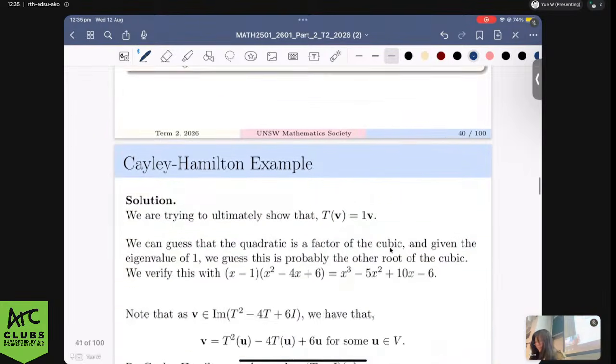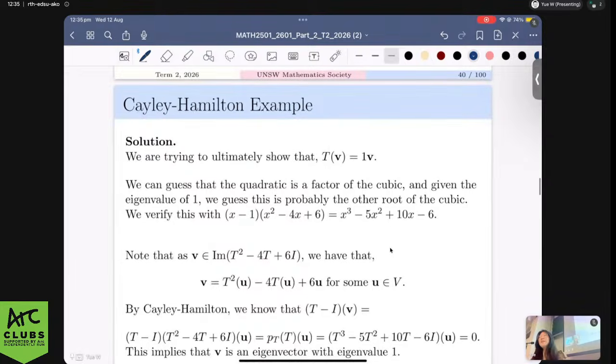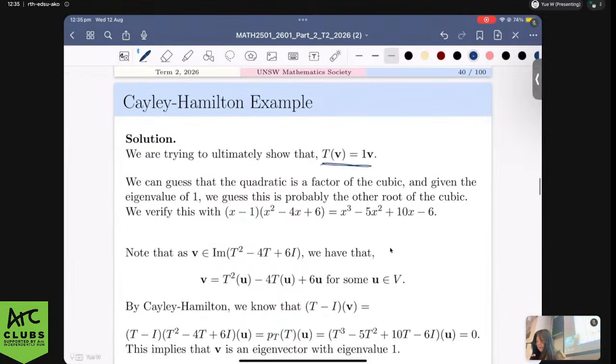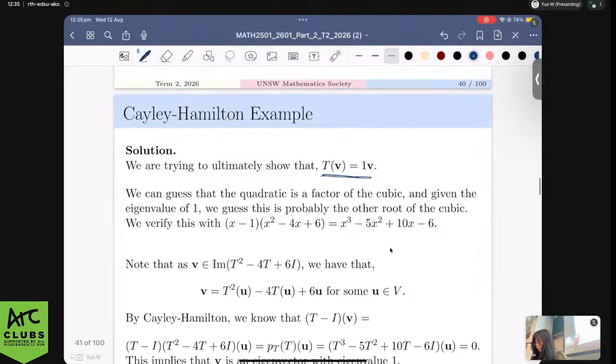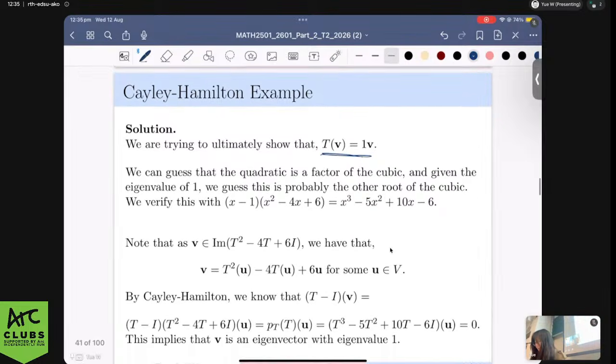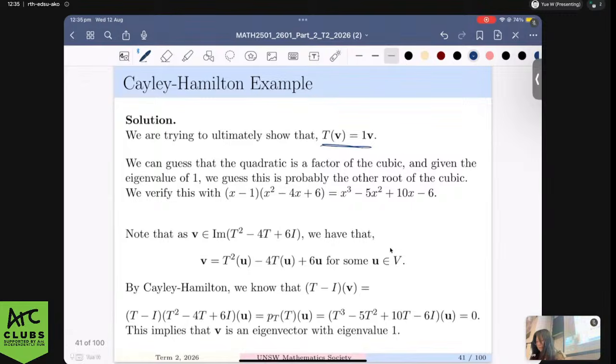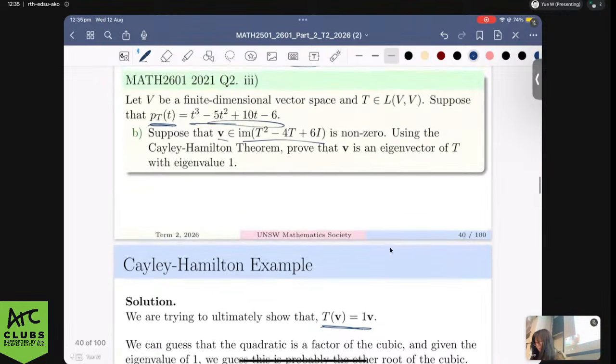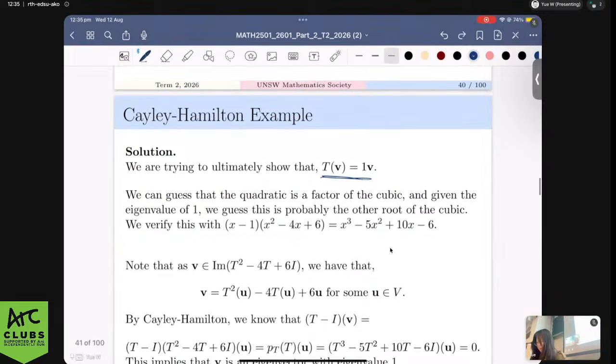This question is actually not too hard. If you consider T of V, it would say that it is equal to 1v. So we can guess firstly that the quadratic is a factor of a cubic. If we sub in, for example, 1 into this, you should be able to get 0. From there on, you can just factorize the polynomial out. This shouldn't be anything too new.